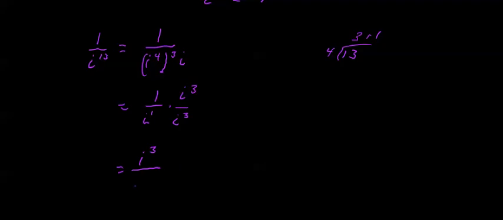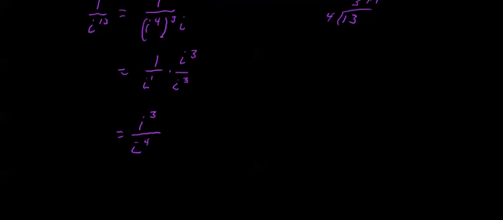I have i to the 4th, and i to the 4th is equal to 1. So I have i cubed over 1, and i cubed, remember, is negative i, divided by 1 is negative i. All right? We want the denominator to be a multiple of 4.